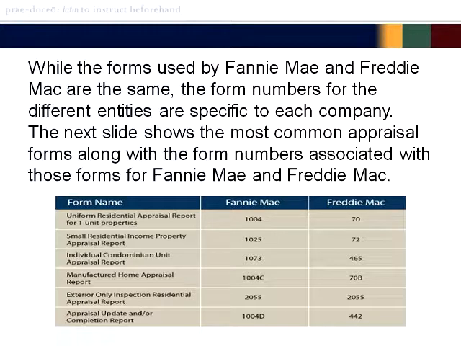While the forms used by Fannie Mae and Freddie Mac are the same, the form numbers for the different entities are specific to each company. The next slide shows the most common appraisal forms along with the form numbers associated with these forms for Fannie Mae and Freddie Mac.